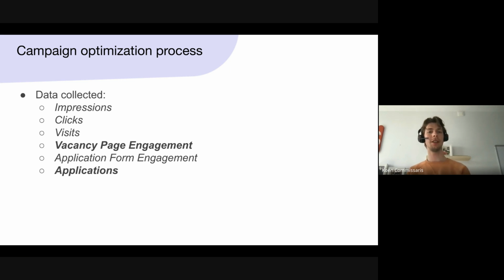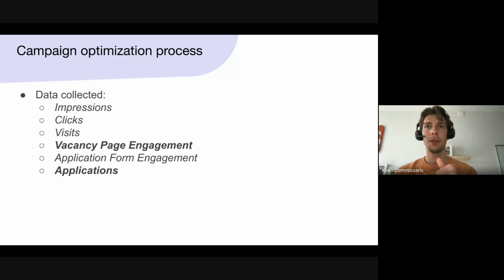So we try to find a metric that is a balance of higher volume to reach significance, as well as one that still predicts the application well. And we found that it is within the vacancy page engagement. So that is a combination of engagement time, but also what do people do on that page? Do they scroll? Do they click the buttons? All that data is used as a measure of vacancy page engagement.